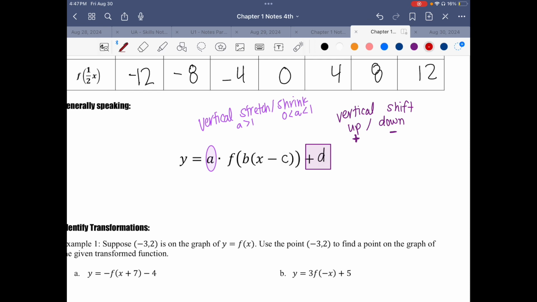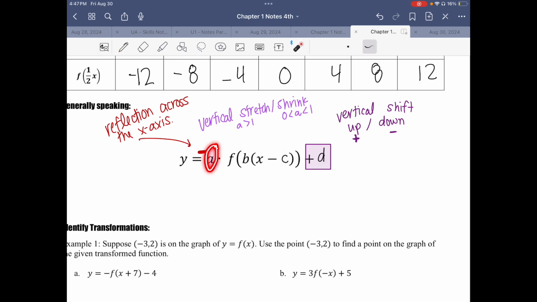One last thing I did want to add is that if A is negative out here, that is a reflection across the x-axis, and that is independent of the size of A. You'll notice that A is never talked about as being negative because this negative is treated very separately because it's a reflection across the x-axis. Okay.